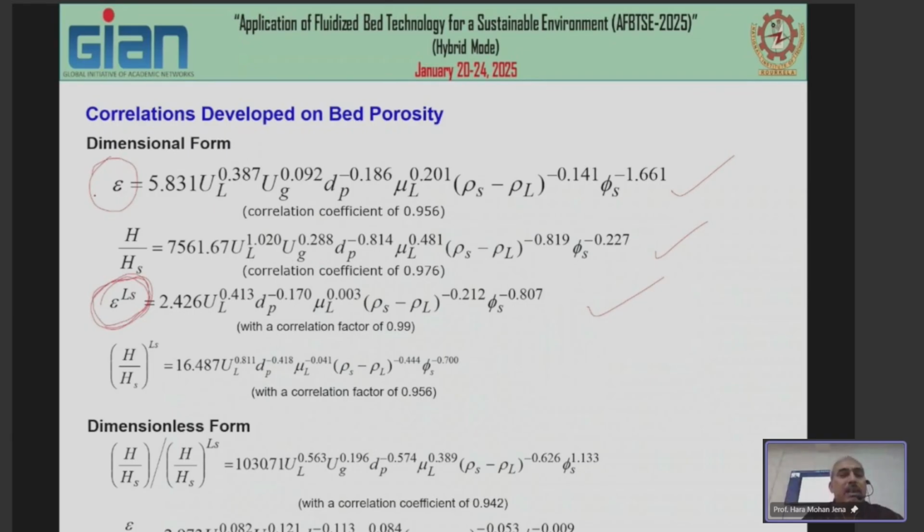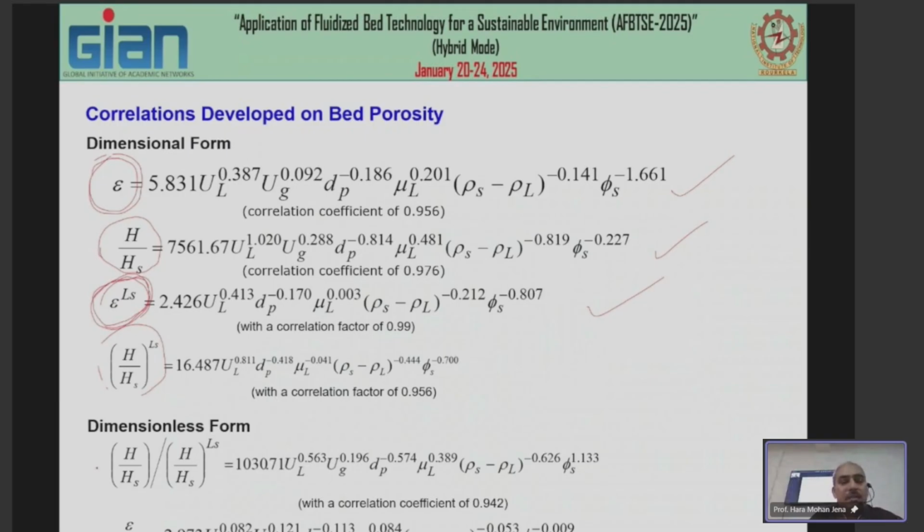One is the bed porosity, this is the bed expansion ratio. Similarly, for the liquid-solid system, the bed expansion ratio is this. And in dimensionless form, whether it is the bed porosity or the bed expansion ratio, it is represented as a ratio of this to that of the liquid-solid system.